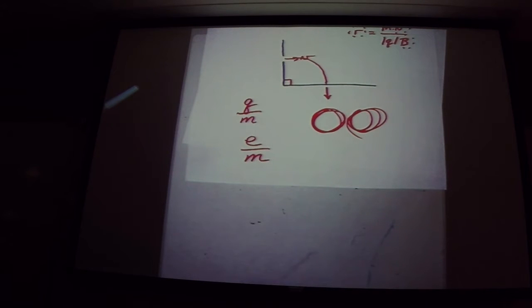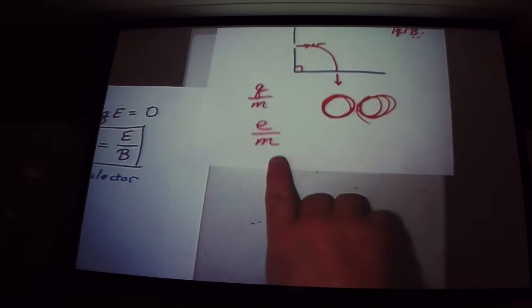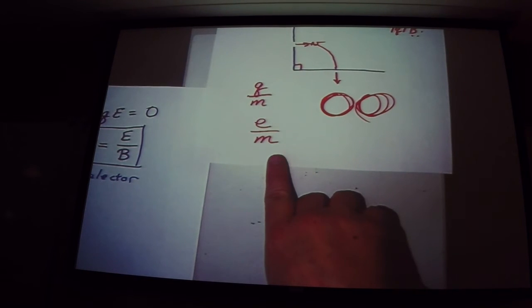But to be specific about exactly what part is the charge here, the specific charge that we got, that then gave us the specific mass. In his experiment, he was trying to figure out what this ratio is, and that's how you do it.